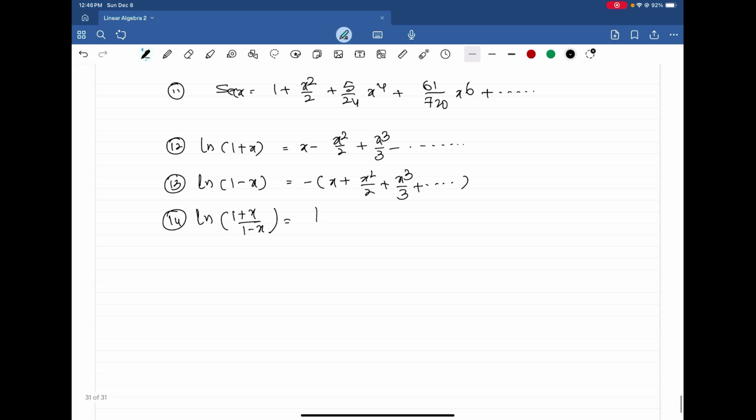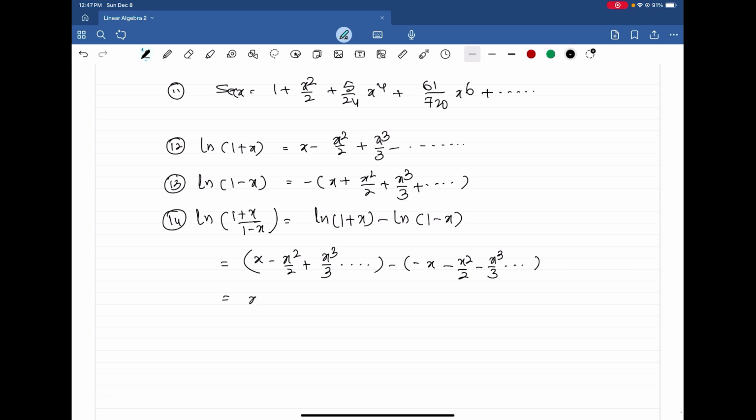This value is nothing but ln(1+x) minus ln(1-x). That is equal to x minus x squared by 2 plus x cubed by 3 and so on, minus of minus x squared by 2 minus x cubed by 3 and so on.